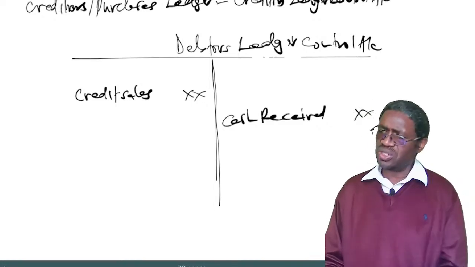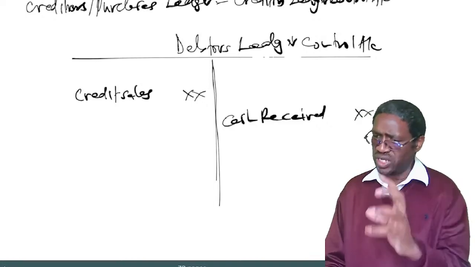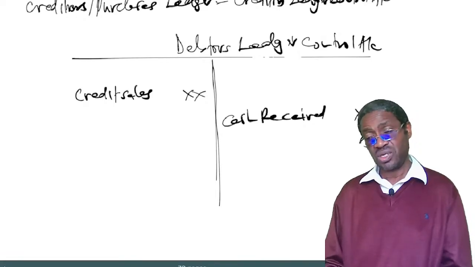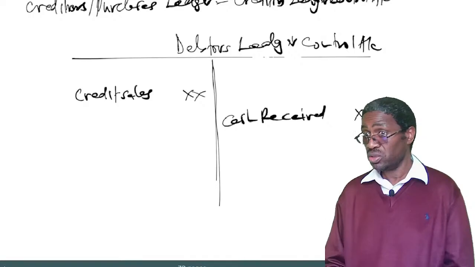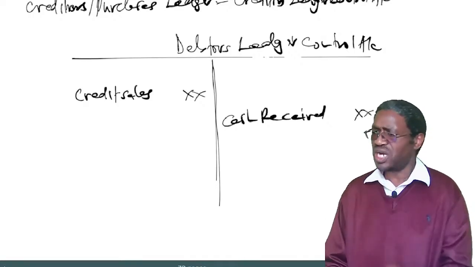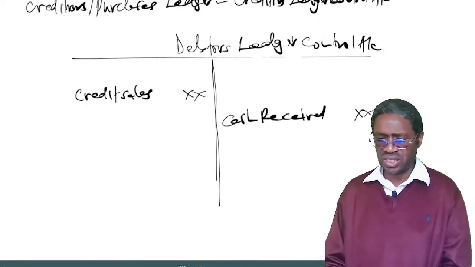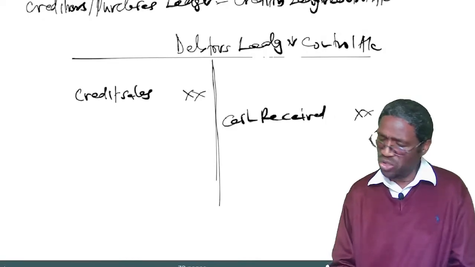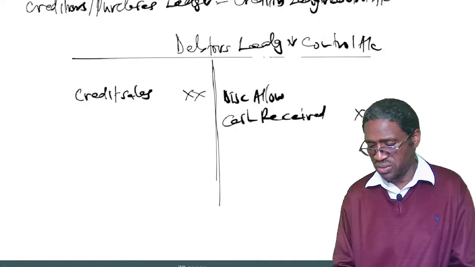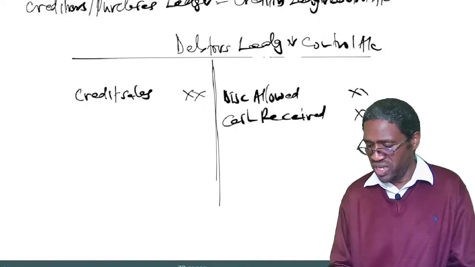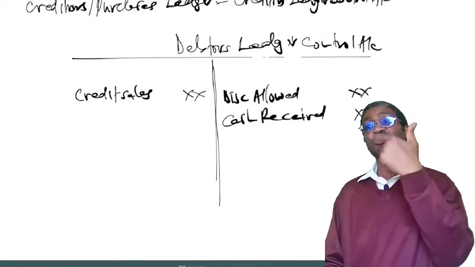Another transaction that is normally recorded in the debtors account is this. When you give a discount to your customer, any discount allowed to customers, we normally debit the account called discount allowed and you credit debtors.